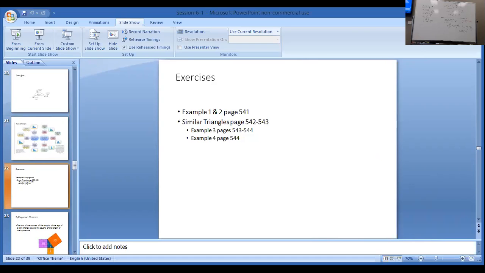Look at example 3. It says, explain why the triangles in 10.19 are similar. Let's look at it. It shows that the two angles of the small triangle are equal. These two angles are equal, and where they intersect, the vertical angles have the same measure, so these two angles are equal.